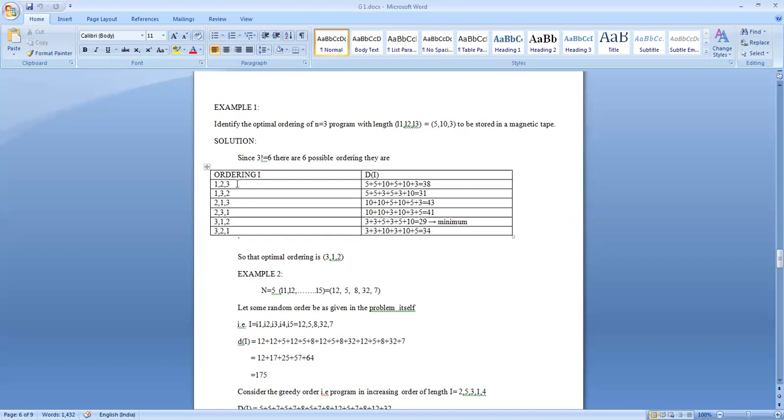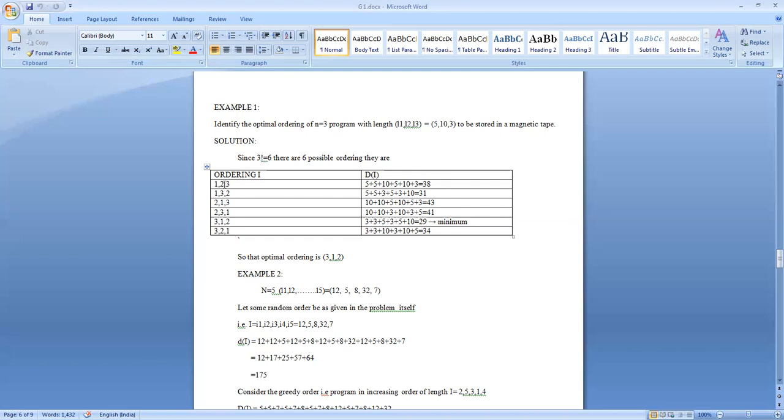If the order is 1 2 3, how is the retrieval time calculated? The length of the first program is 5, the length of the second program is 10, and the length of the third program is 3. To get the mean retrieval time of the ordering 1, 2, 3, first you write the length of the first program.